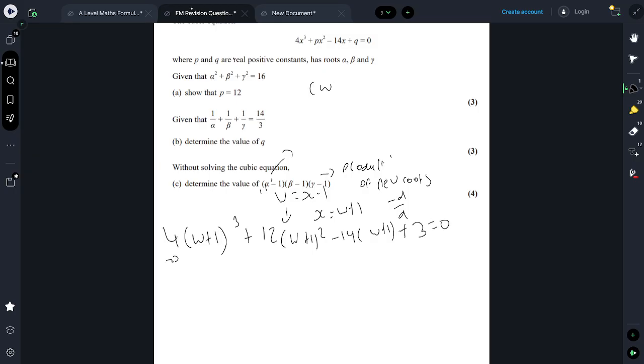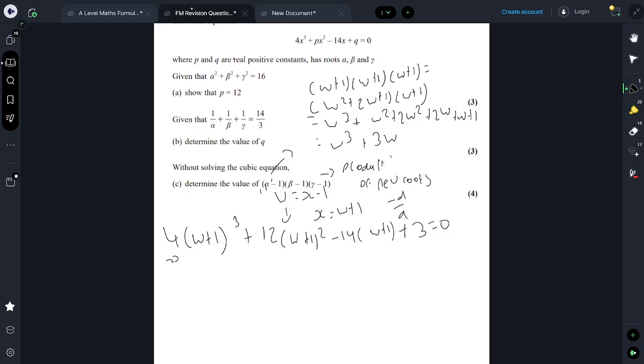So then w plus 1, w plus 1, w plus 1, that's equal to w squared plus 2w plus 1, w plus 1, that'd be equal to w cubed plus w squared plus 2w squared plus 2w plus w plus 1, which simplifies to w cubed plus 3w squared plus 3w plus 1.